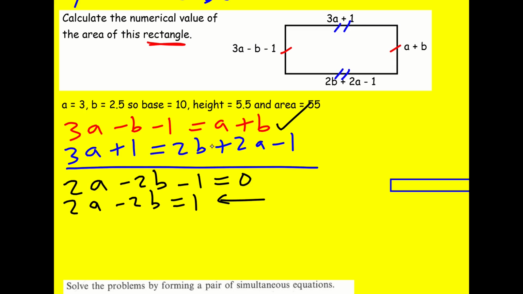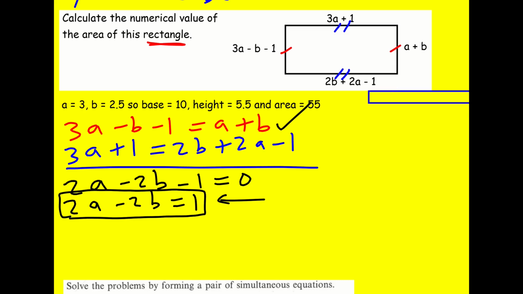I'm then going to take the second equation and do the same sort of thing. I'm going to put a little box around this one because this is the key one I'm going to use in a minute. To save space, I am going to write the next one just on the right hand side. So for this one I'm going to minus 2b and I'm going to minus 2a from both sides.